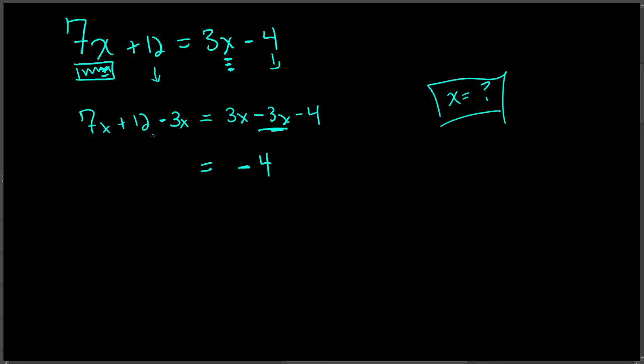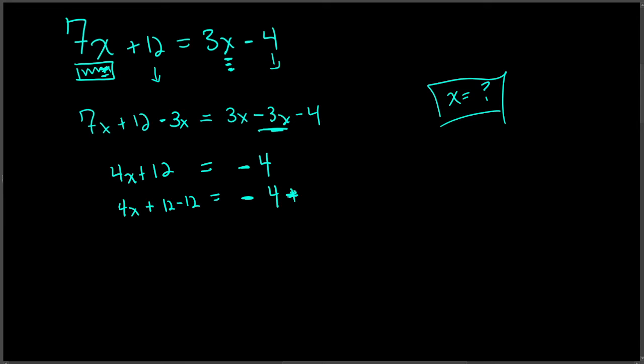On the left-hand side, I have to subtract 3x from 7x to get 4x. And now I have to get rid of this 12, so I want to undo the addition. So I subtract that, but whatever I do to one side, I do to the other.